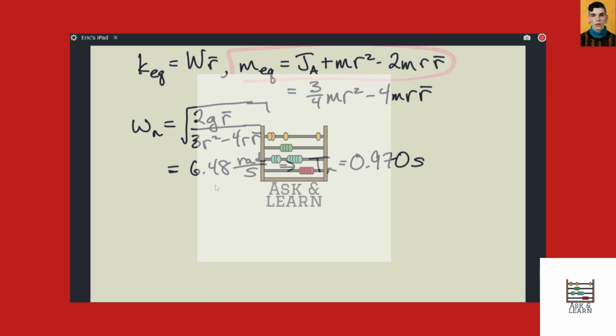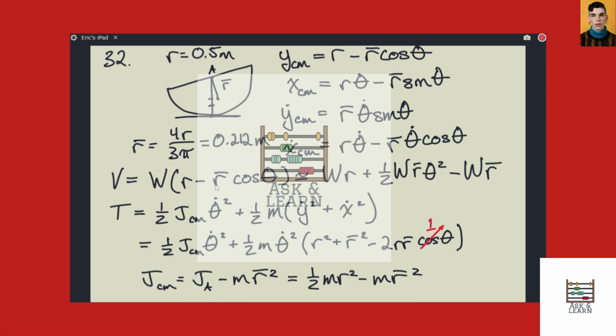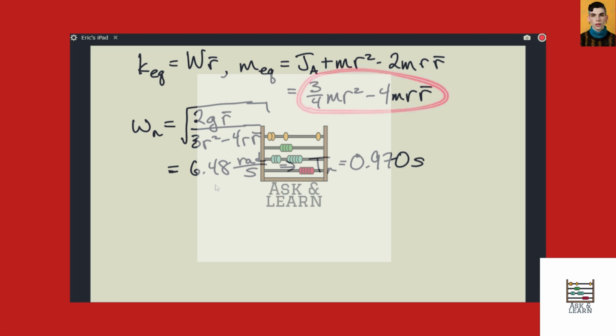We simplify and substitute, and in the end it's 3/4 m r squared minus 4 m r r bar over g. Plugging into the expression for the natural frequency, we get 2 g r bar over 3 r squared minus 4 r r bar.